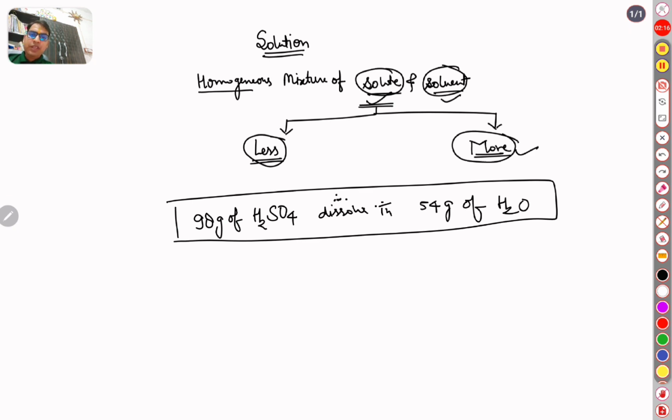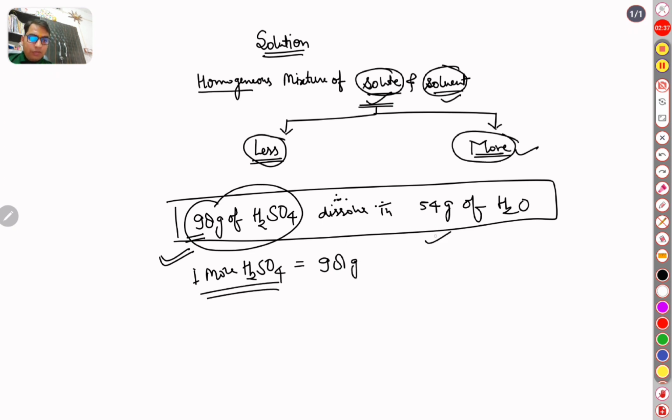It is very easy. You can see here 1 mole of H2SO4 is there. Why 1 mole? Because the molar mass of H2SO4 is 98, means 1 mole of H2SO4 is equal to 98 gram of H2SO4. 1 mole of H2O is equal to 18 gram.